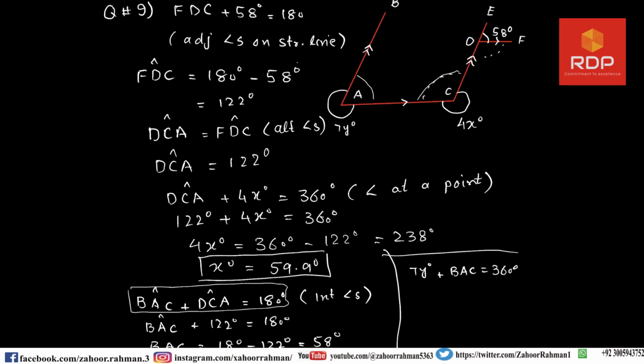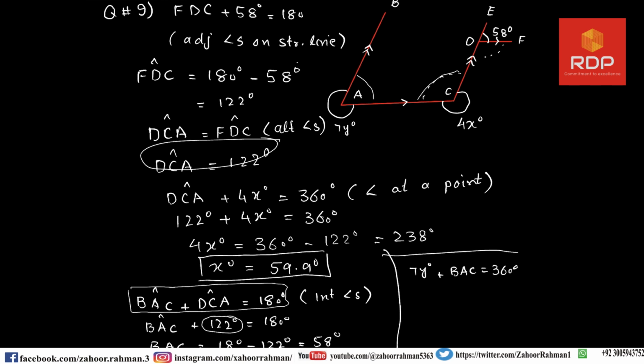Due to that, we already have the value of DCA, which is 122 degrees. So I inserted that value, and simply we found this one. Now 7y plus BAC is equal to 360 degrees, which is the whole of this.